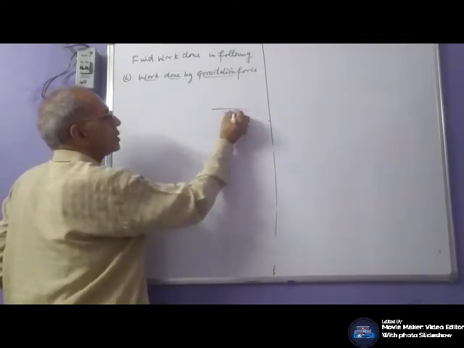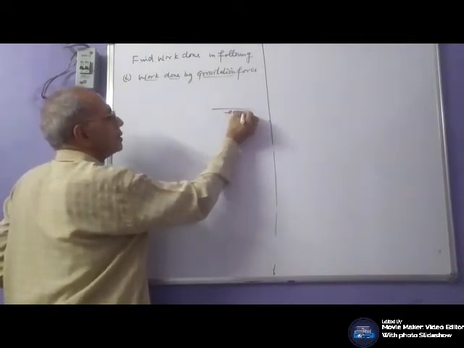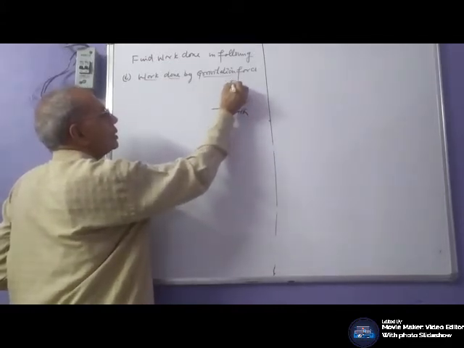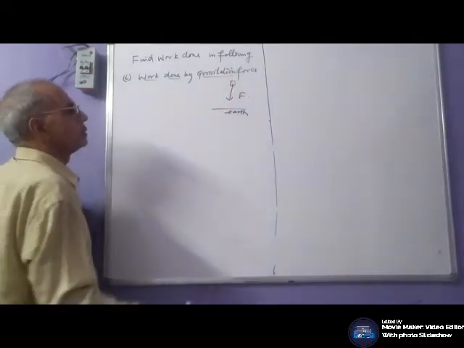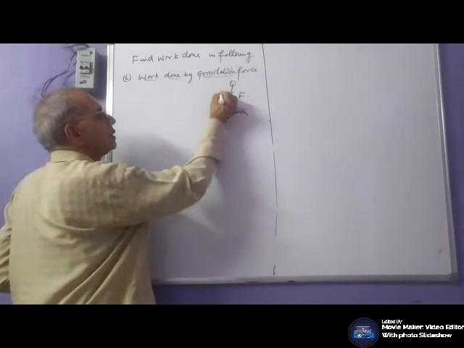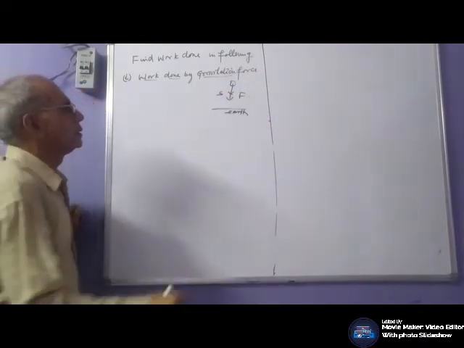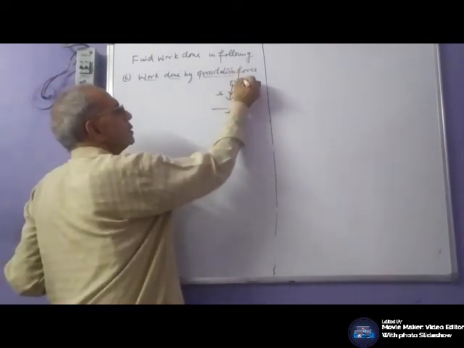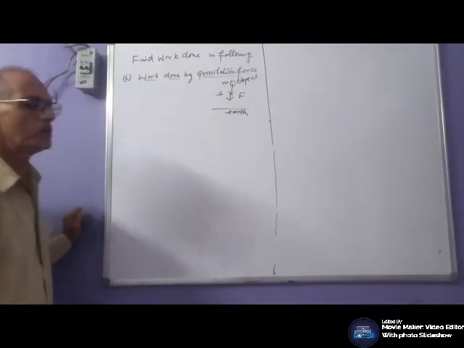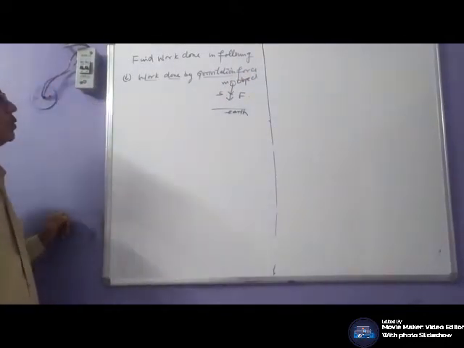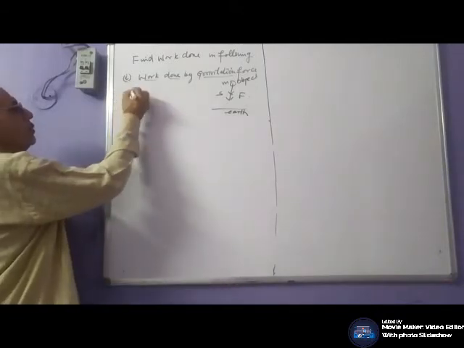This is Earth. This is a body. This is that gravitational force. And this is what? Displacement. This is the object, any body of mass say m. Work done by gravitational force.